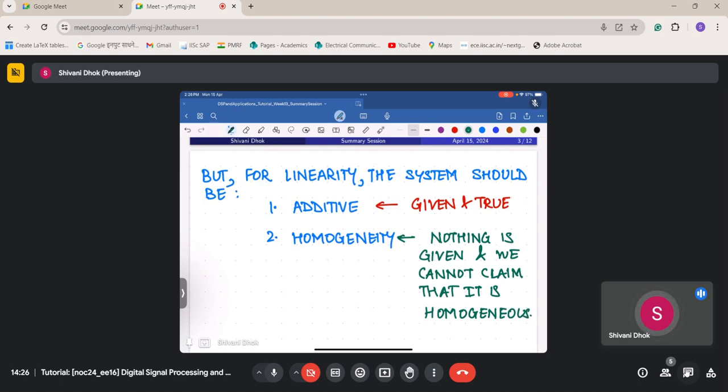And since we can't say this thing properly, from the given information we can't say that the system is homogeneous, and therefore we can't say that the system is linear, and hence we cannot say that the system is linear and time invariant.